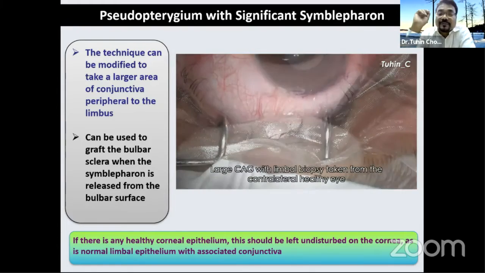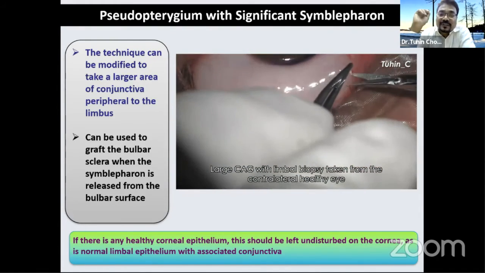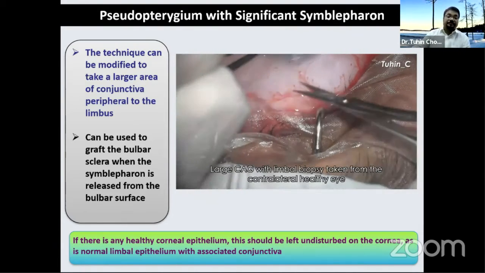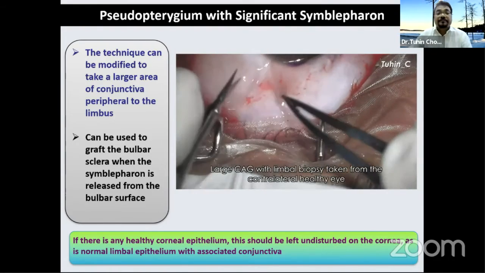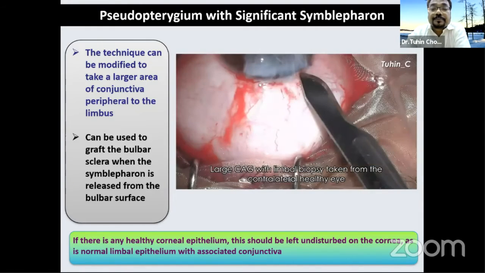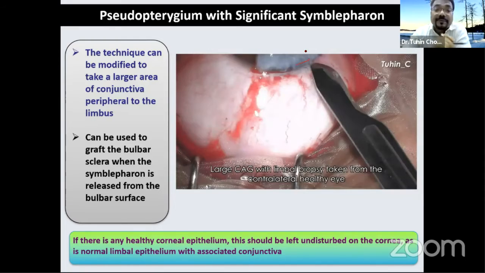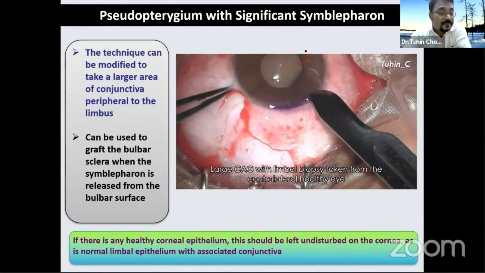So from the other eye, what I am doing is taking both conjunctival autograft as well as SLET tissues. So this is the area of limbal biopsy which I am taking, and then the rest is this conjunctival autograft.